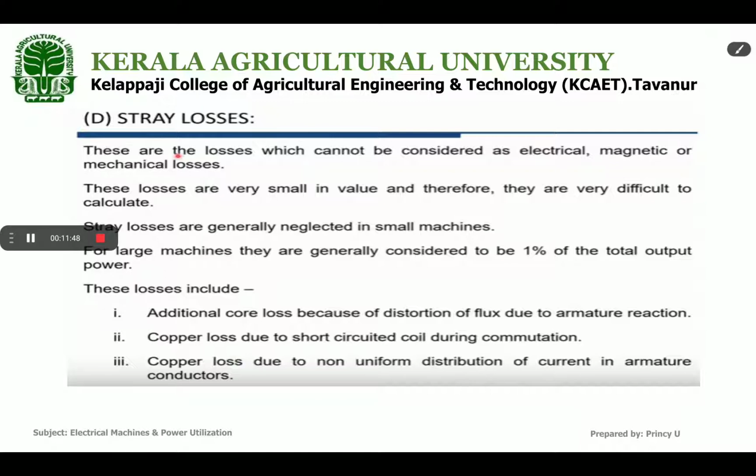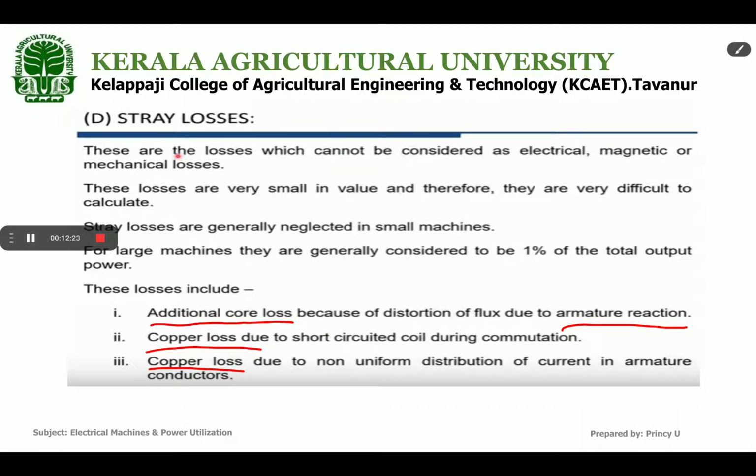These losses mainly include additional core loss because of distortion of flux due to armature reaction. We are going to study armature reaction later. They also include copper loss due to short-circuited coil during commutation, and copper loss due to non-uniform distribution of current in armature conductors.